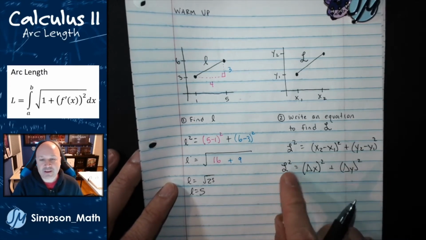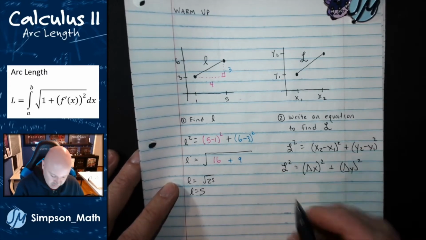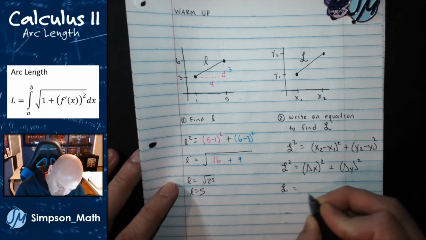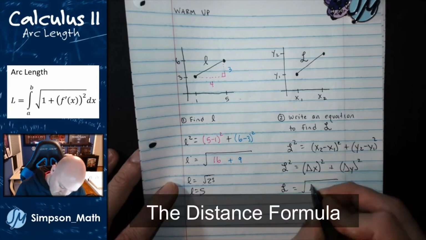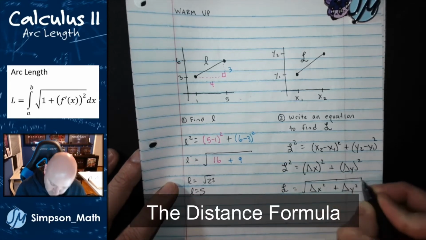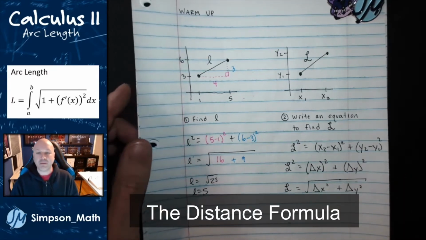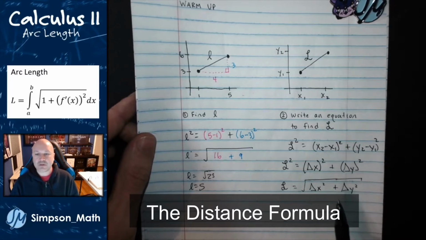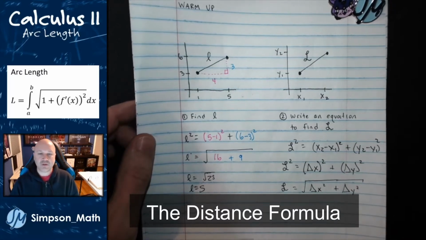So then if I want to find L, I just square root both sides. I claim that's a good formula.